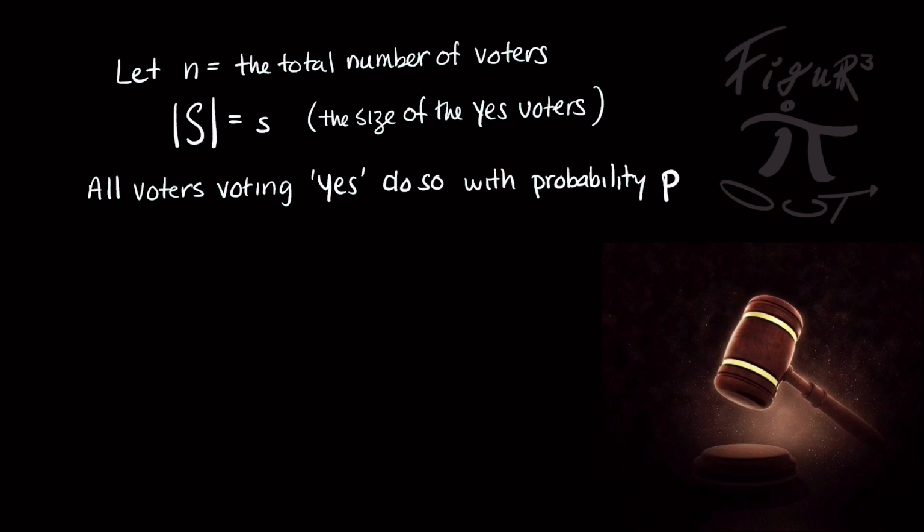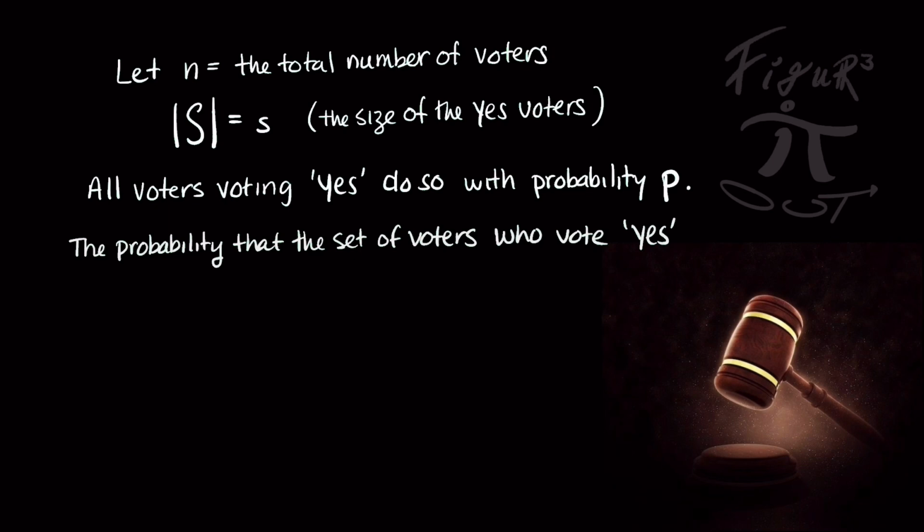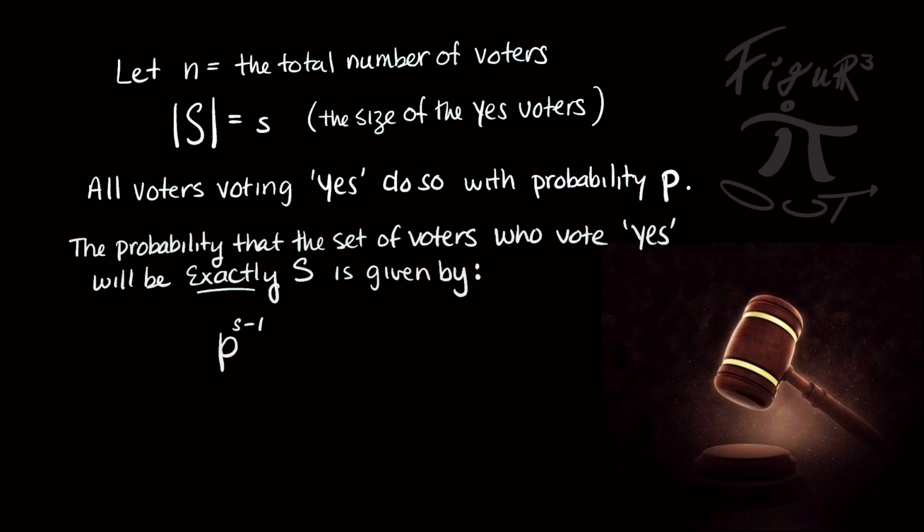Now we will say that all voters who vote yes will do so with a probability P. And the probability that the set of voters who vote yes will be exactly S is given by the following: P raised to the s minus 1 power multiplied by 1 minus P to the N minus s power.